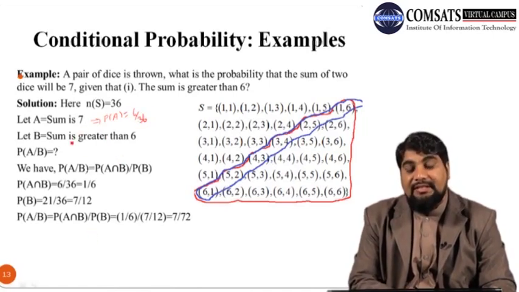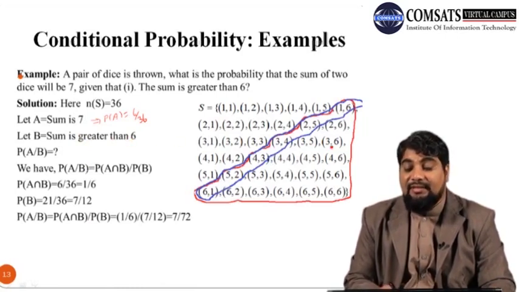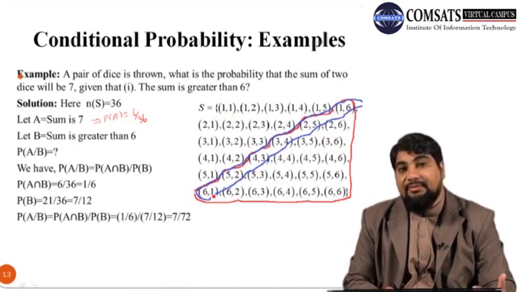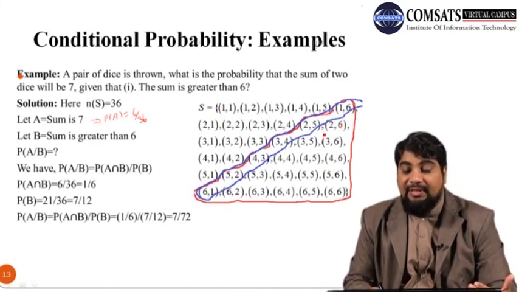And event B is that the sum is greater than 6. From this sample space you can see these are the outcomes. 6 plus 1 is 7, so the sum of these two numbers is greater than 6. 5 2 is 7, 4 3 is 7, 3 4, 2 5 is 7, 1 6 is 7, 2 6 is 8, which is greater than 6. Similarly 3 5 is 8, 3 6 is 9.